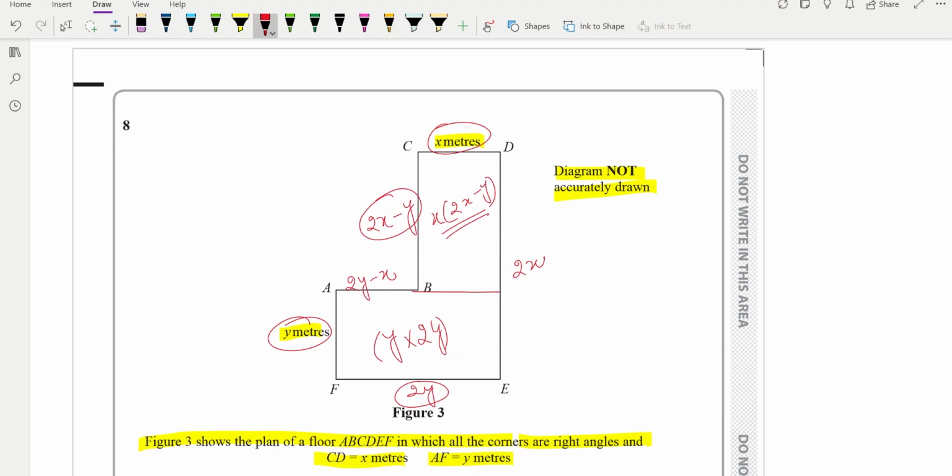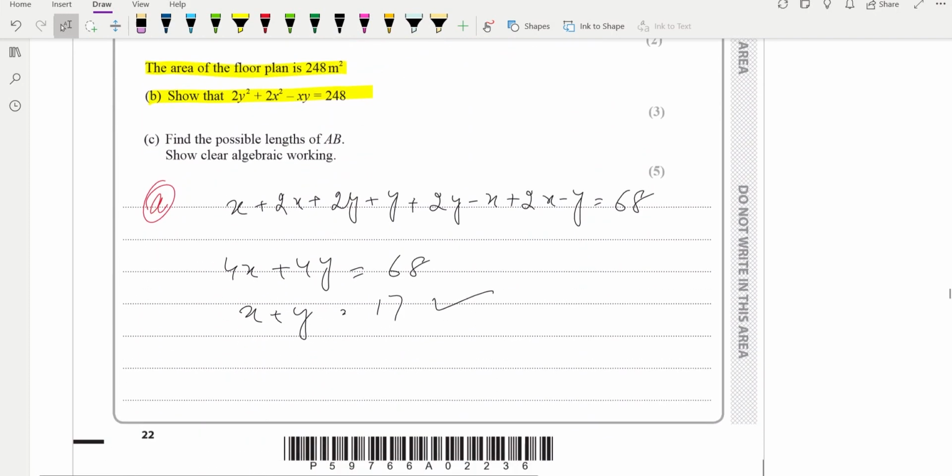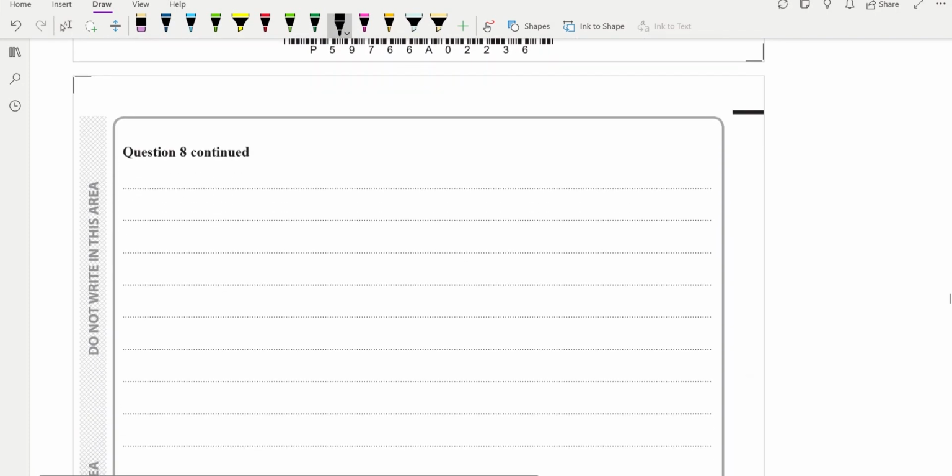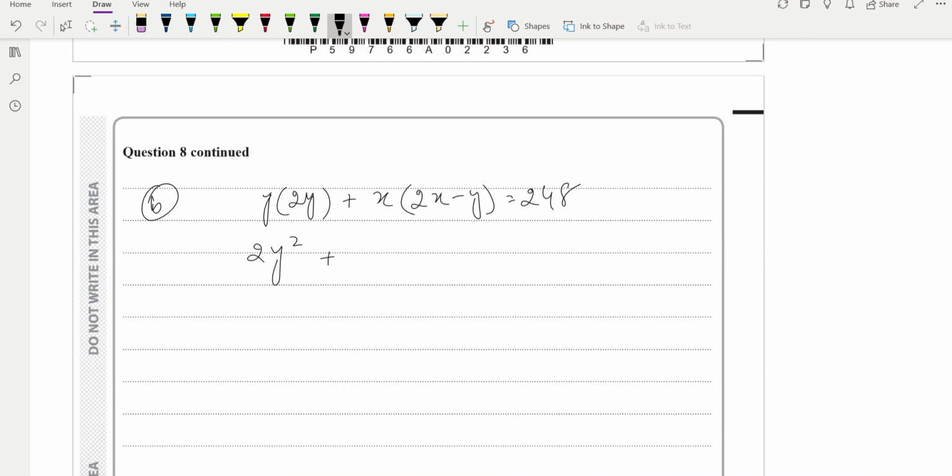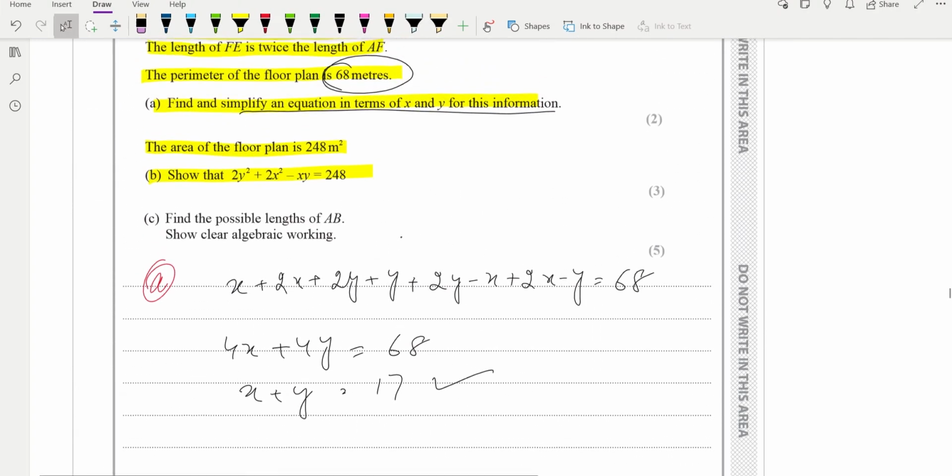Adding these two will give us the area, which is equal to 248. Now we can write the equation for B part: y into 2y plus x into 2x minus y is equal to 248. Now we can open the bracket, so it will be 2y squared plus 2x squared minus xy is equal to 248, and this is basically the equation we were supposed to write, which we have done for the B part.